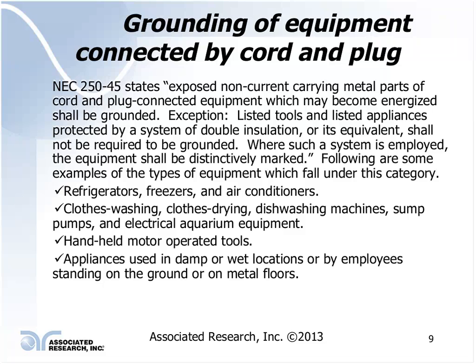Okay. So it's a pretty broad spectrum of different types of products that are required to be either grounded or protected by a system of double insulation to guard against an electrical shock.